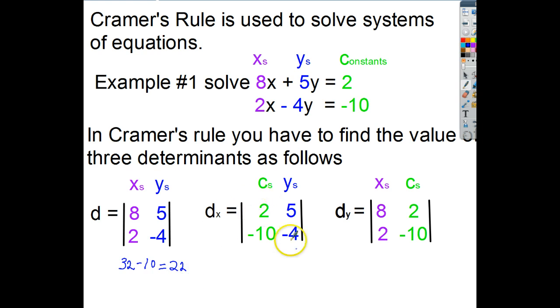Okay, here negative 8 minus a negative, which is going to be plus 50, and that's going to give us 42. And here we're going to have negative 80 minus 4, which is going to be negative 84.